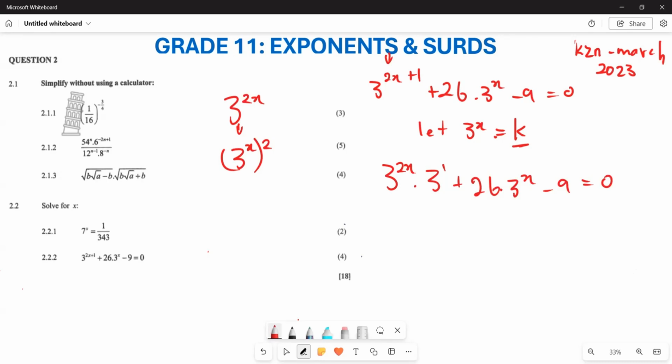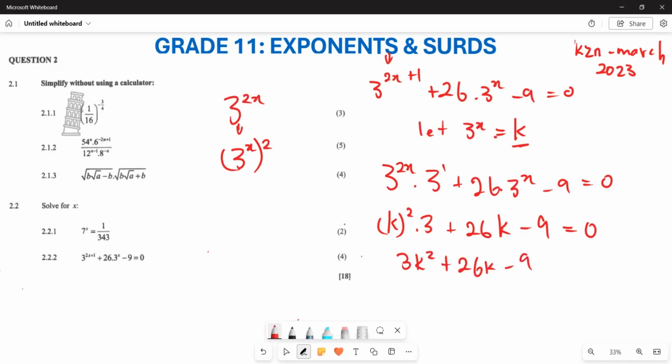So this is going to be k, close bracket, squared, multiplied by 3, plus 26 multiplied by k, subtract your 9 is equal to 0. Where there is 3 to the power of x, we substitute with the k. Again, can you see that this is the same as 3k squared plus 26k subtract 9 is equal to 0, right?